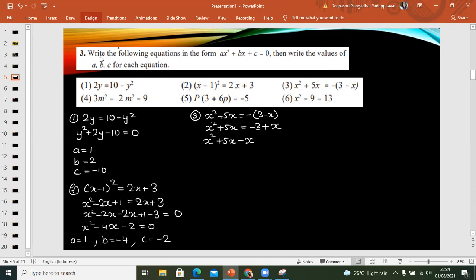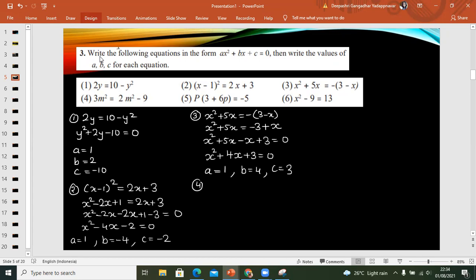Bring negative 3 to the left, it will become positive 3 equal 0. And here we can write this equation as x square plus 5x minus x, which gives you plus 4x plus 3 equal 0. This is a quadratic equation. Let us write the value of a. The number in front of x square is 1, b value is 4, and c value is 3.